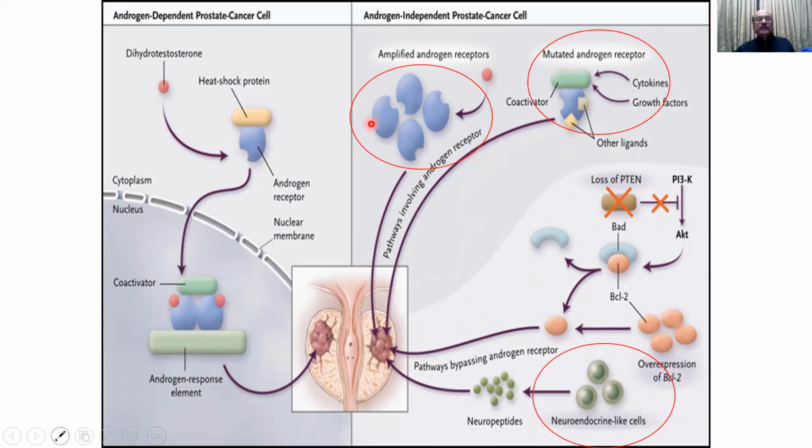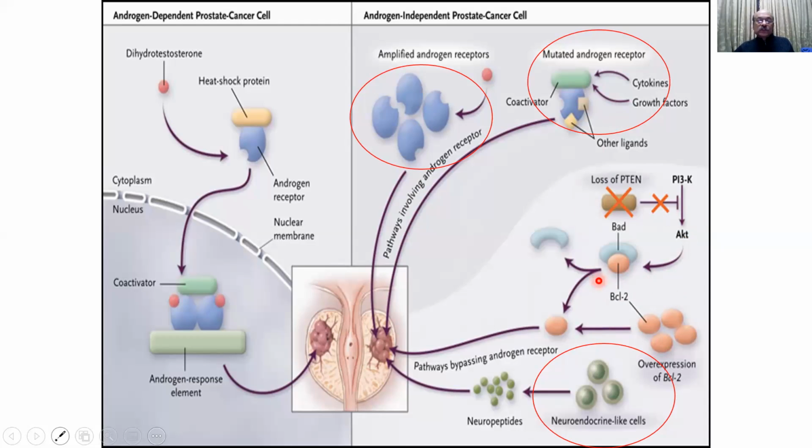But in the androgen-independent pathway, the androgen receptors are mutated. So there are some growth factors and other ligands that can activate and follow this pathway. But here is a bypass pathway. Here there is BCL2 activation, and there is loss of PTEN, P60, P13.